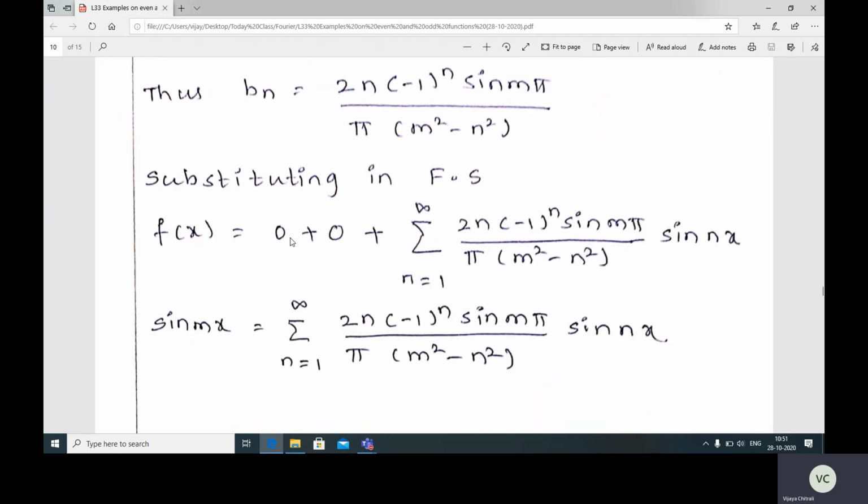So f of x is equal to 0 plus summation of n is equal to 1 to infinity 2n (minus 1) raised to n sin m pi divided by pi into (m square minus n square) sin nx. So f of x is sin mx, so this is equal to the summation n is equal to 1 to infinity of 2n (minus 1) raised to n sin m pi divided by pi (m square minus n square) sin nx. So this is the required solution.